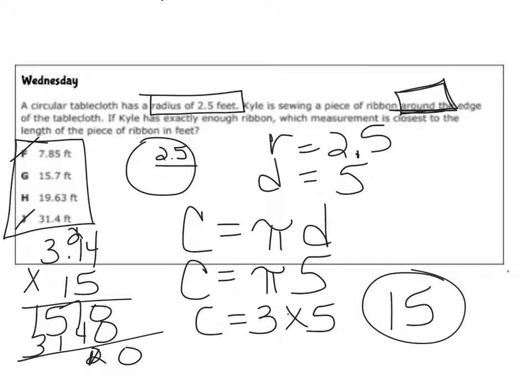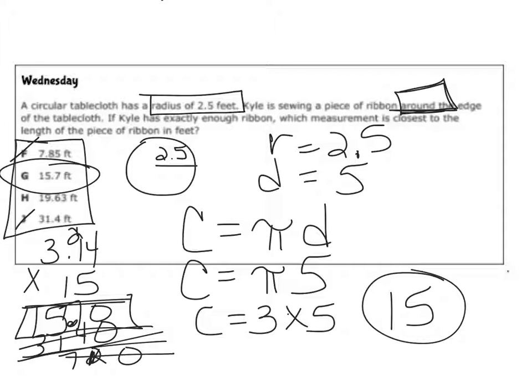Oh, why am I doing 15? Never mind. Okay, so it's 15.7, so my answer is G.